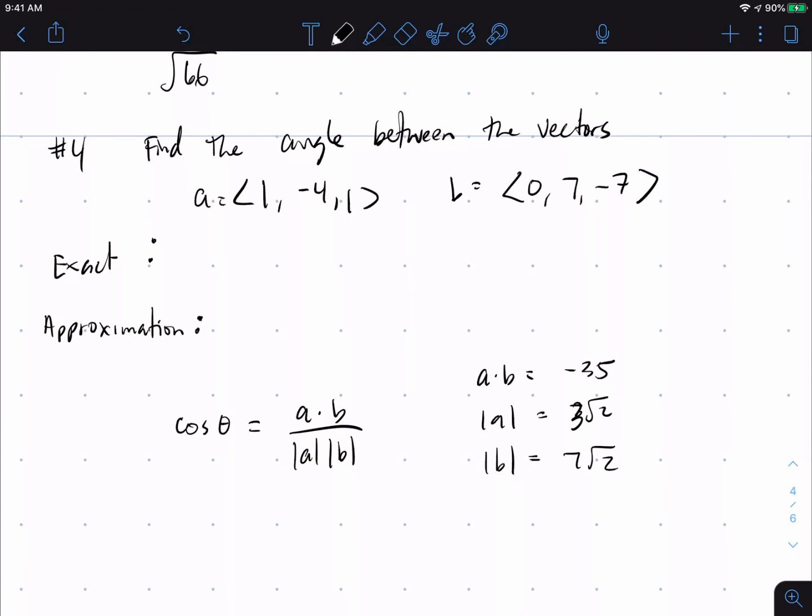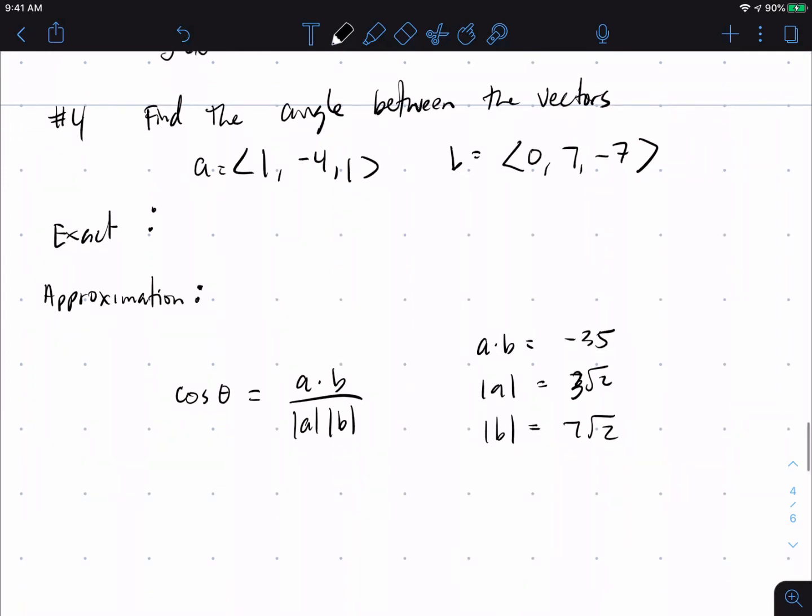Correct? So then for the exact, cosine theta is going to be -35 over 3 radical 2 times 7 radical 2, which is 21 times 2. 21 times 2 is 42, right?